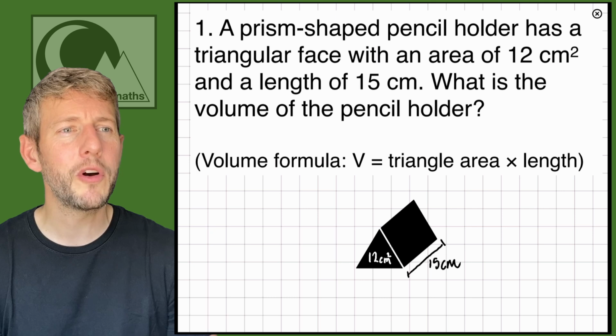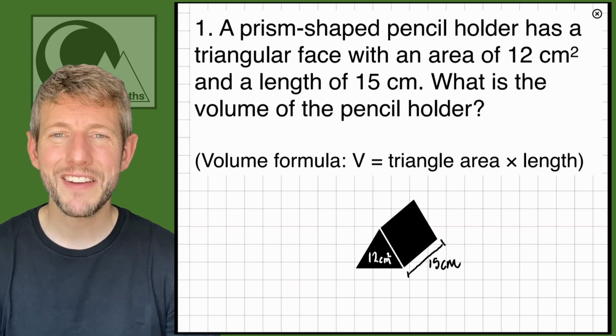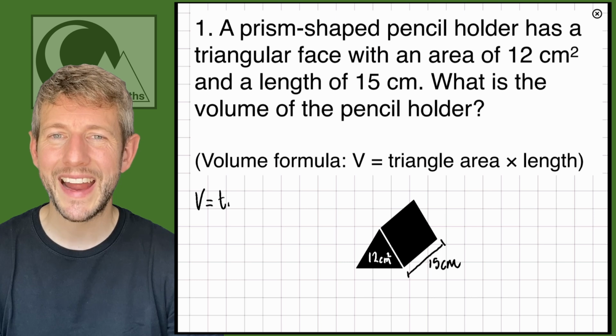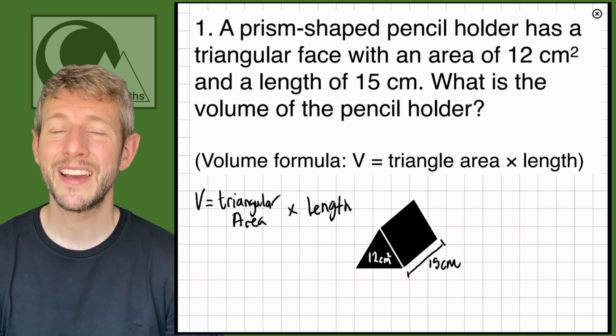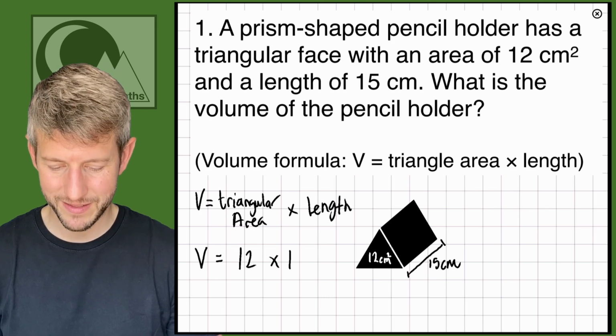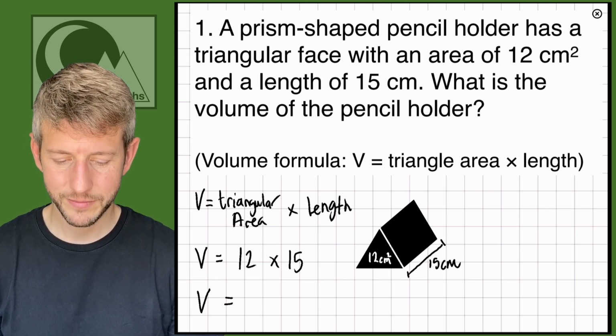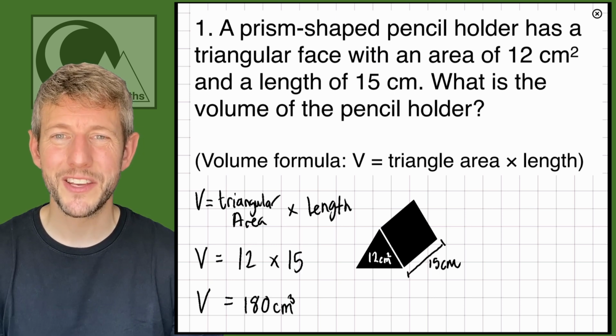The triangular area is 12 centimetres squared, and the length is 15. So 12 times 15 equals 180 centimetres cubed.